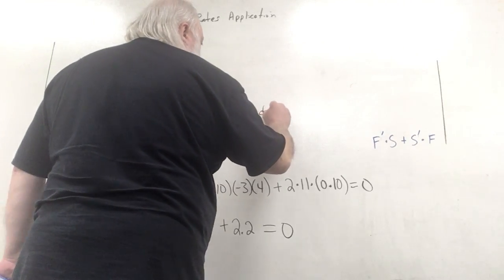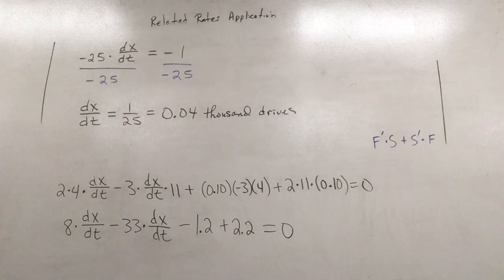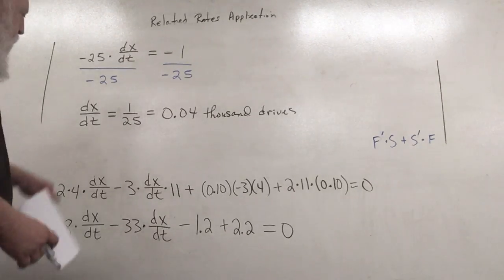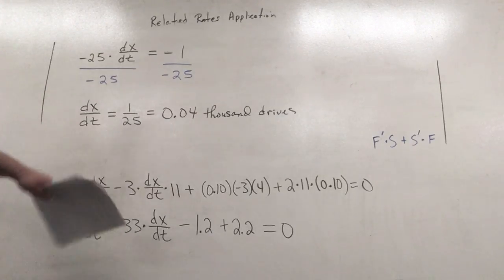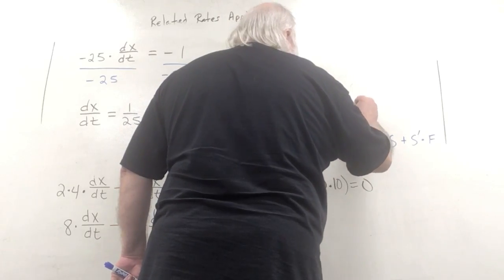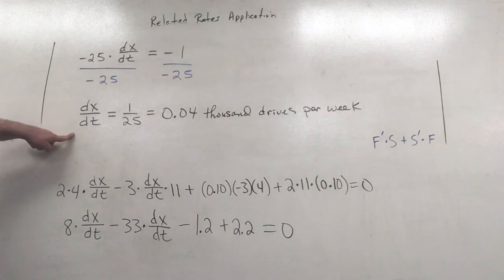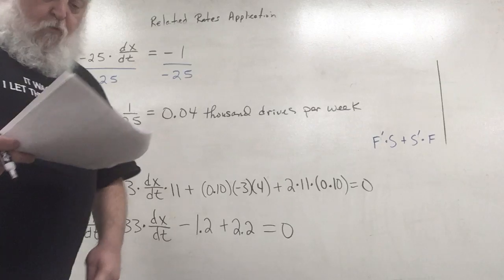Drives. Flash drives, right? 0.04 thousand flash drives per what unit of time? Weeks. Per week. Time is in weeks. So the rate of change of the quantity supplied, with respect to time, is 0.04 thousand drives per week.